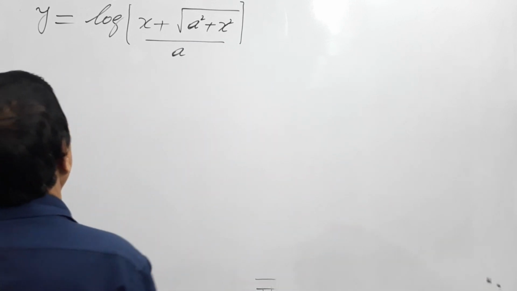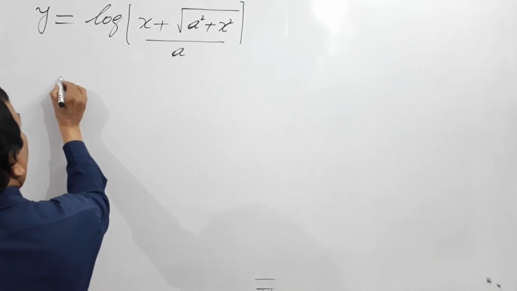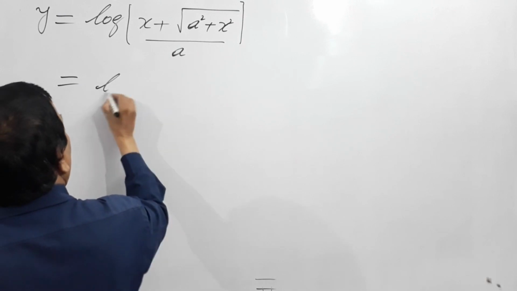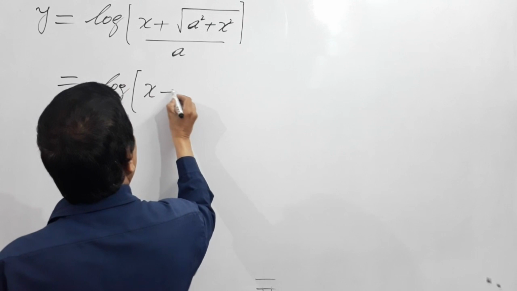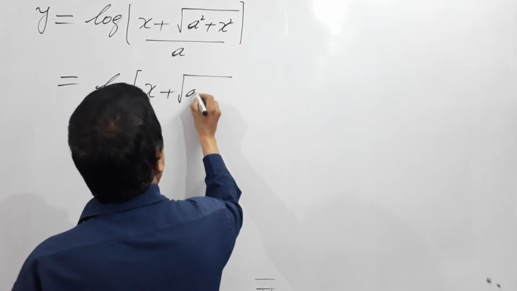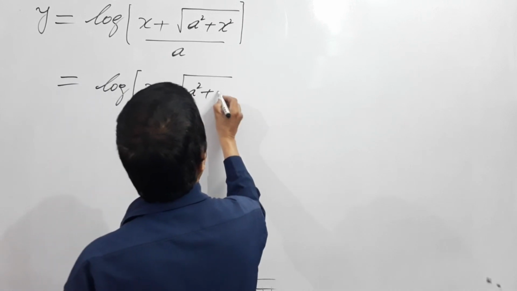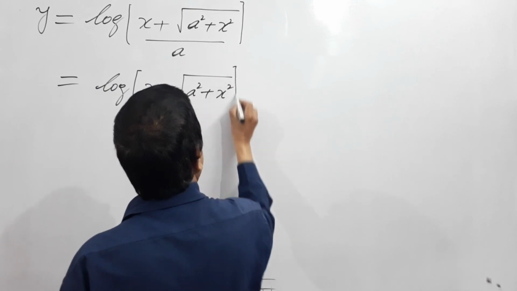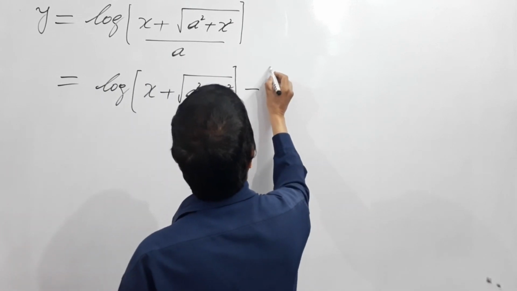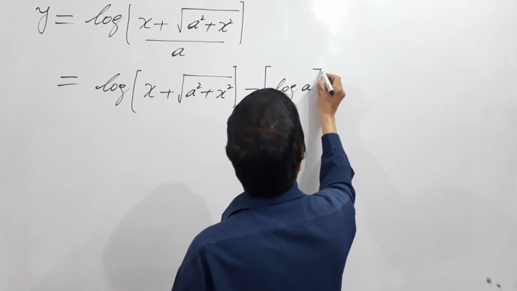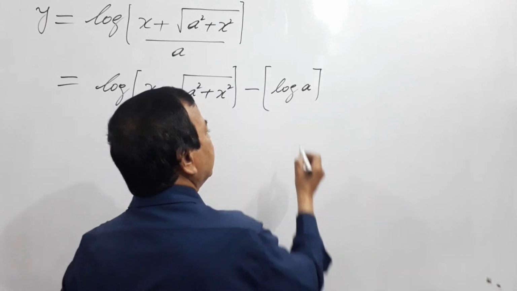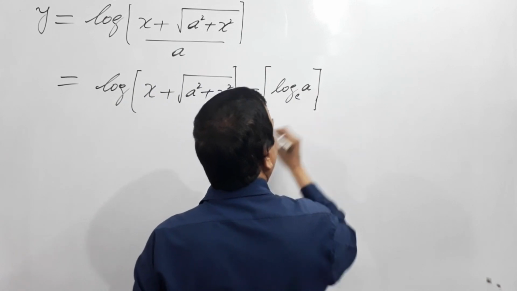So what I'll do is, I'll take this as log of x plus under the root a square plus x square minus log a. If nothing is mentioned, it is to the base e.